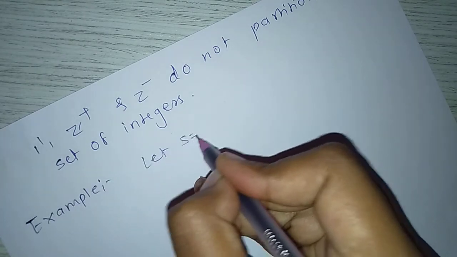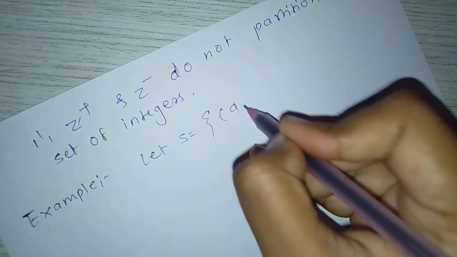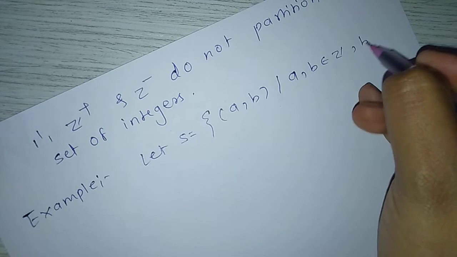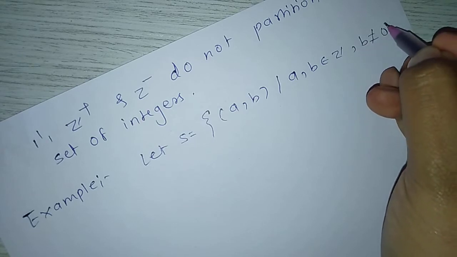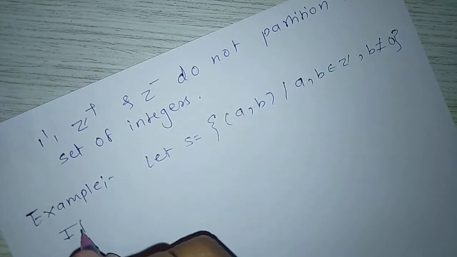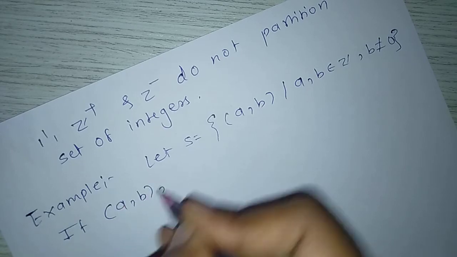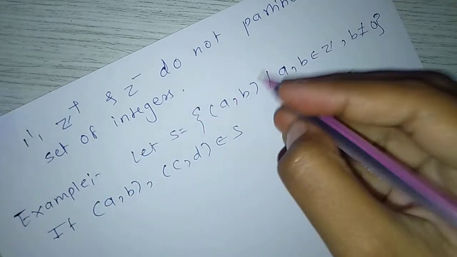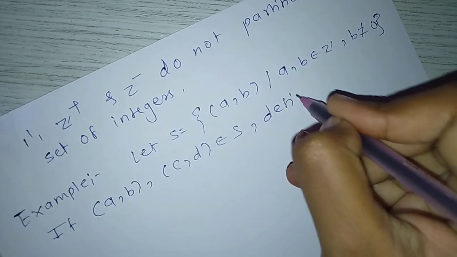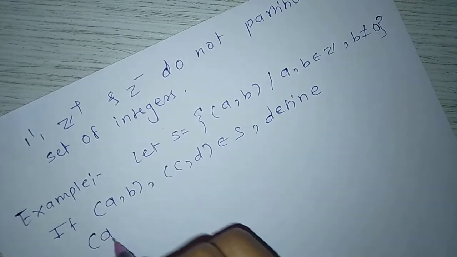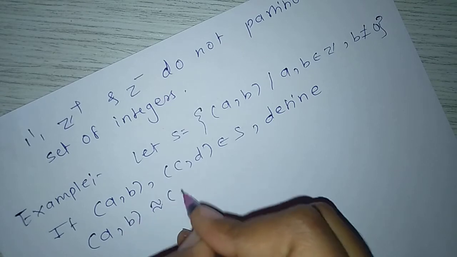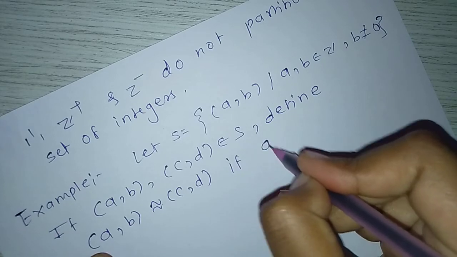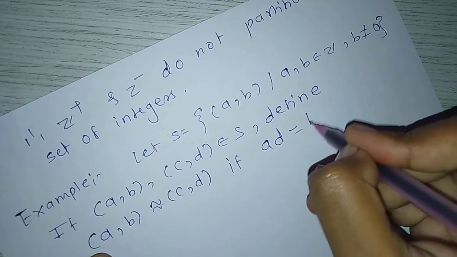Let S equal to the set of ordered pairs (a, b) such that a, b belongs to Z, b is not equal to 0. If (a, b), (c, d) belong to this set, define (a, b) similar to (c, d) if a into d equal to b into c.